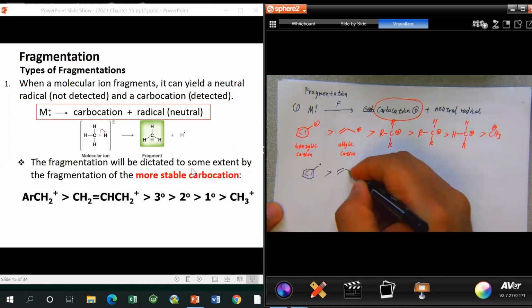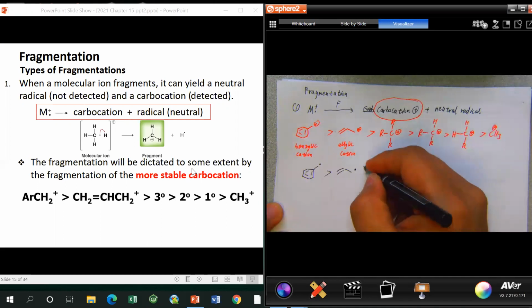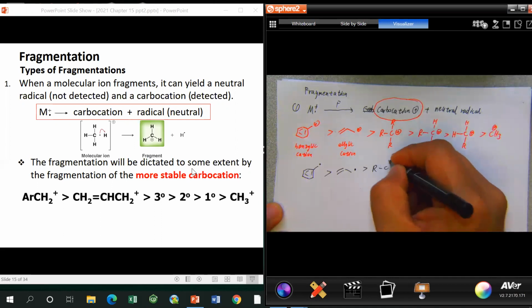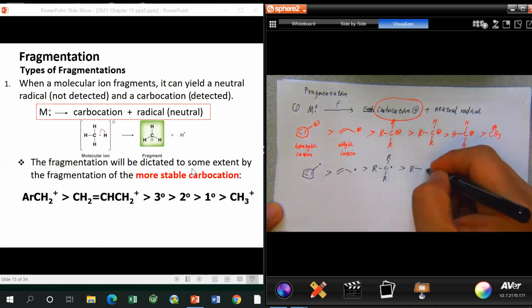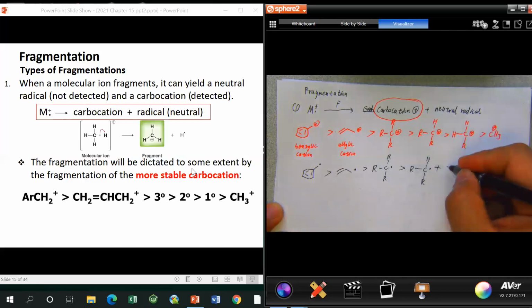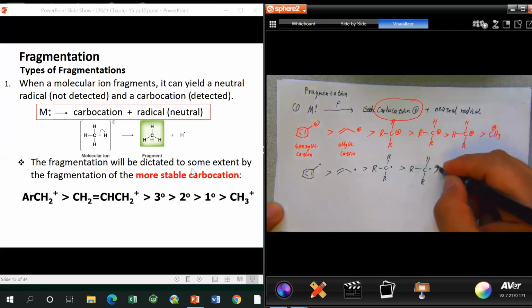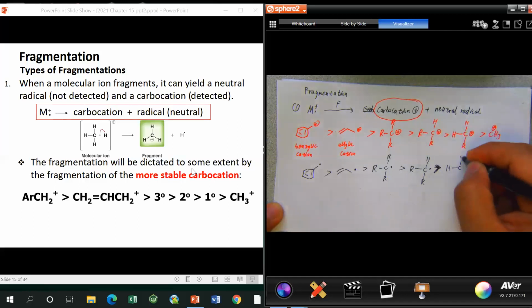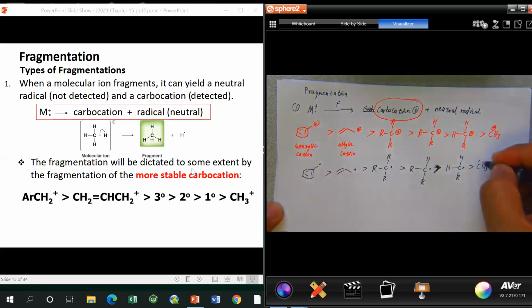And then followed by the allylic radical, followed by the tertiary radical, and then the secondary radical, and then the primary radical. And the least stable is the methyl radical.